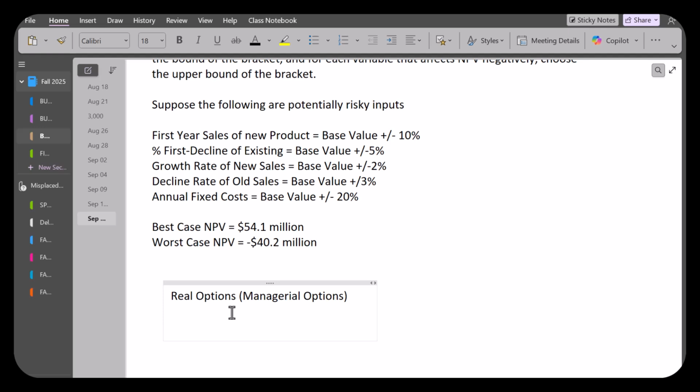Suppose 1 year from now, we realize that first year sales are 10% lower than forecasted in the base case.